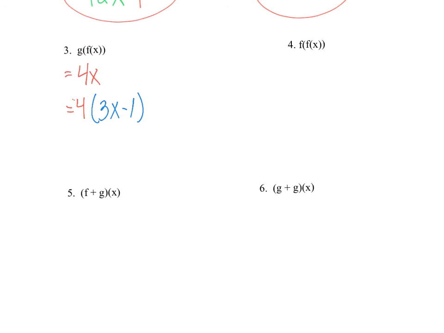Good. Alan, what am I doing next? Look up on the board. What's my next step? Multiply. What's 4 times 3x? What's 4 times negative 1? Good. That's your answer.